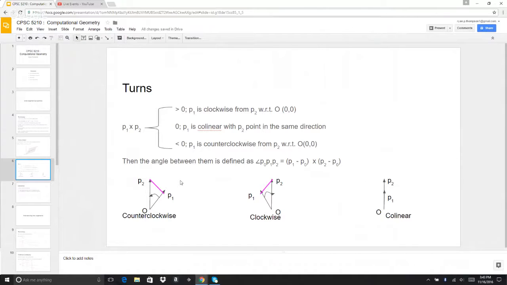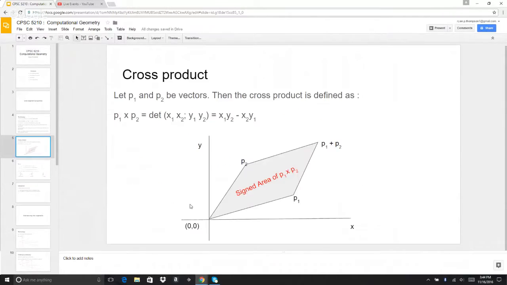So you can always, of course, have an angle between them, which is defined with this notation. The angle, what is your starting point? Here's a vector starting point, and here's your second vector. And this notation is really the difference of P1 cross product difference of P2. Now, in general, why did you not see that applied before?